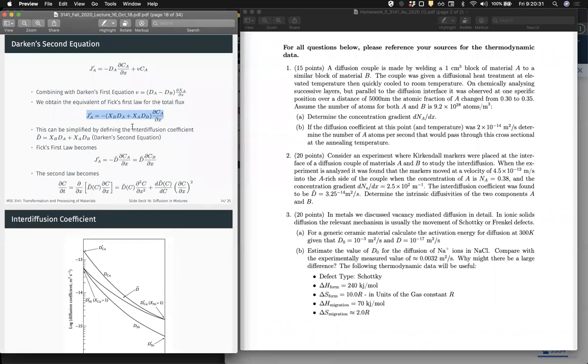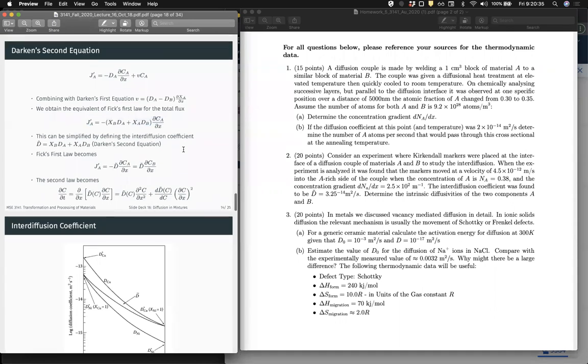Okay, so essentially this is just an interdiffusion question, right? Where I give you the interdiffusivity and I give you the concentration gradients, right? And the velocity of the markers, right?